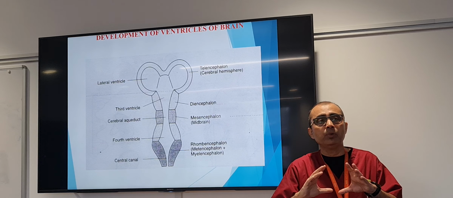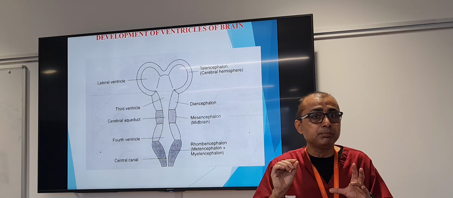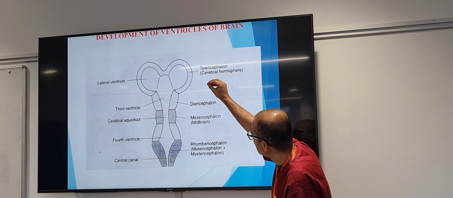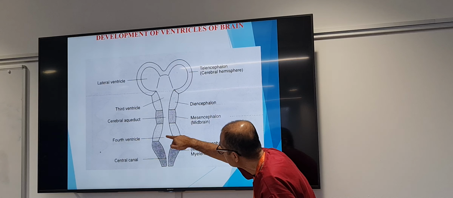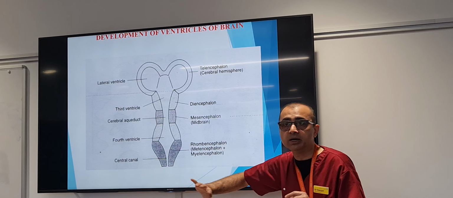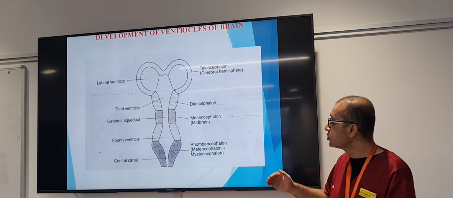When we discuss the ventricular system, you will see this is a critical part, because CSF is produced in the lateral ventricle and third ventricle. It has to go through the cerebral aqueduct, come to the fourth ventricle, and then come out into the subarachnoid space through the foramina of Magendie and Luschka.